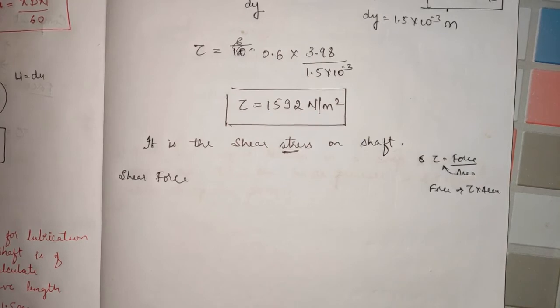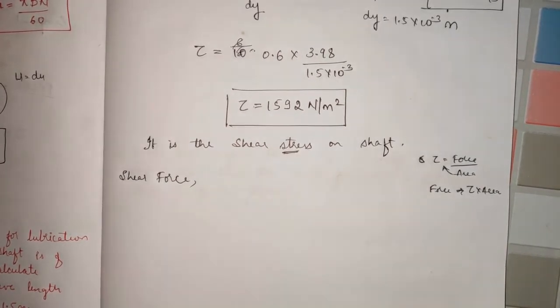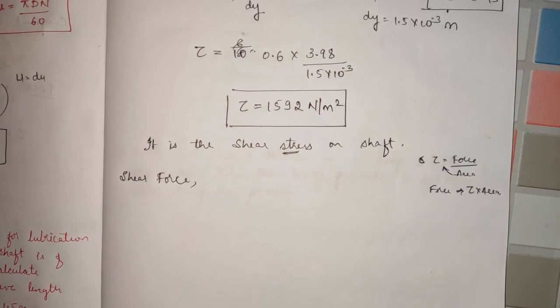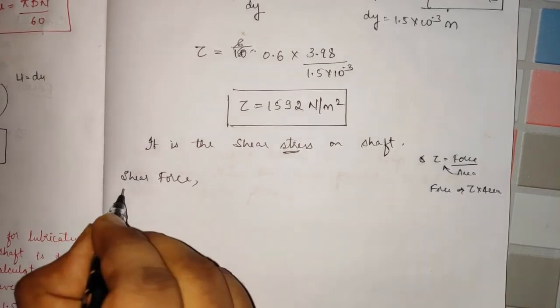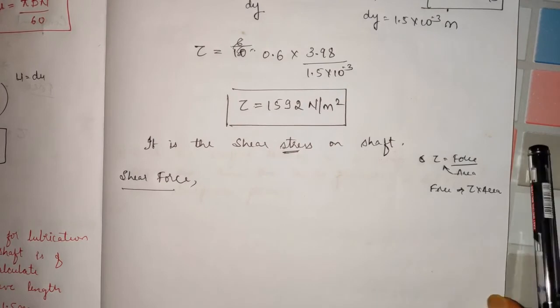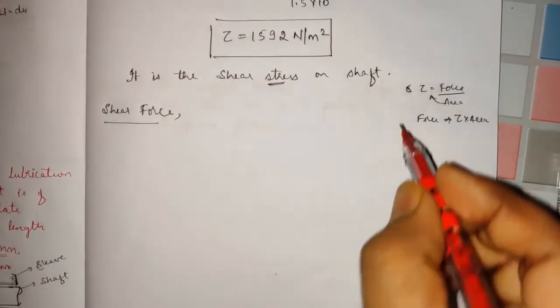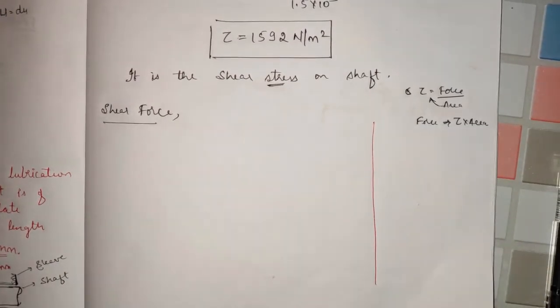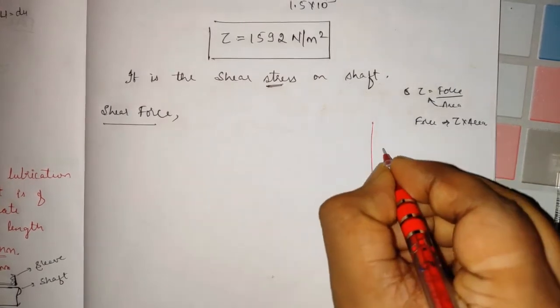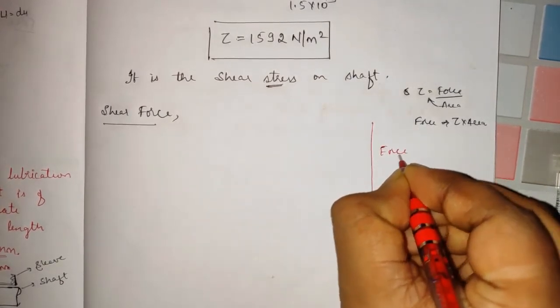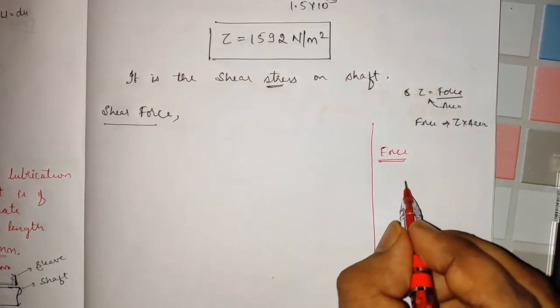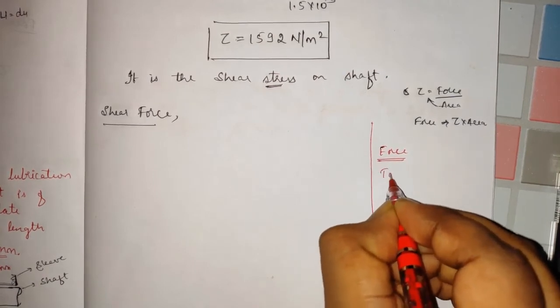So the series of formulas are there. These formulas are dependent. I need force here, so from this I'll calculate the force. After calculating force, I need to find the torque.